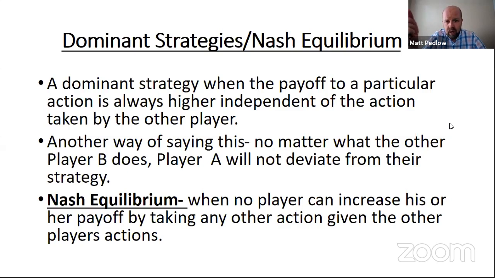What Nash did was tweak it and realize that there are certain times where no player can increase his or her payoff by taking any other action, given what the other player is doing. So once we get there, at that Nash equilibrium, they're always going to stay there. And we can figure out what they're going to do based on that Nash equilibrium.